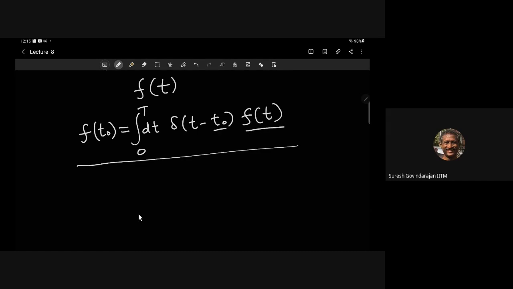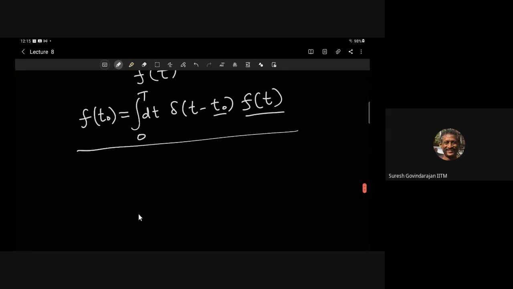That's what it does. If you try to understand what this thing is, you can see that from this integral you can guess properties. Delta of t minus t naught is 0 when t is not equal to t naught.